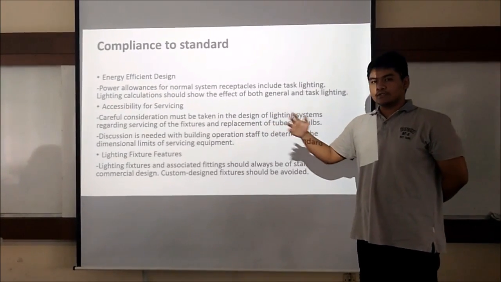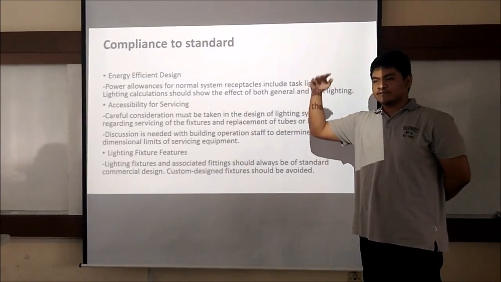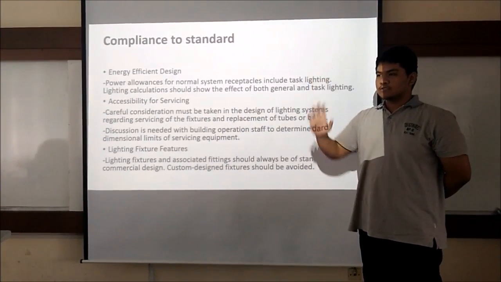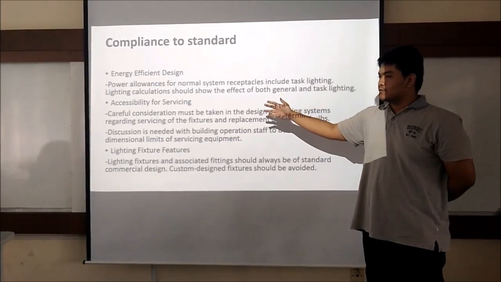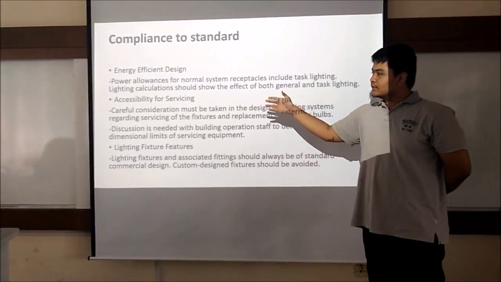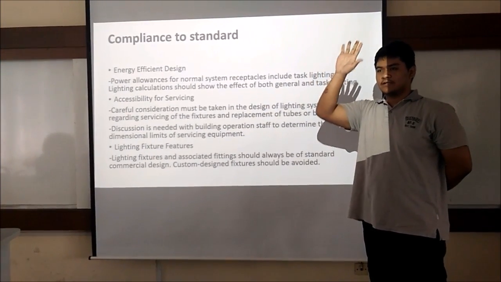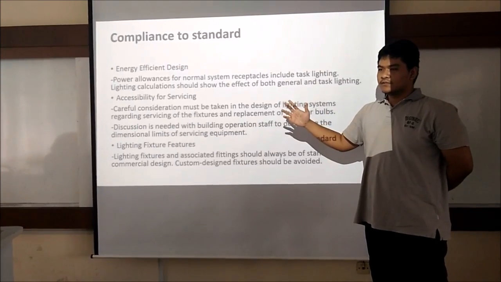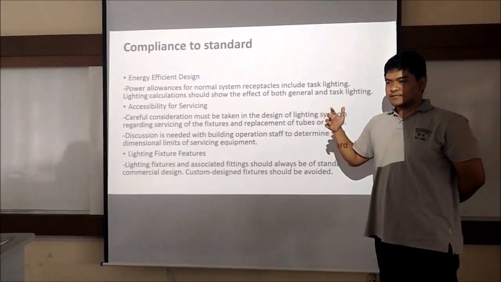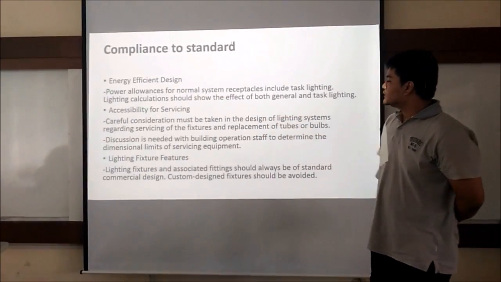In the auditorium, the lights are placed very high in the ceiling. So for accessibility for servicing, in designing the lighting, we need to place the lights at accessible places, so that the maintenance crew can access the lightings with ease and comfort.